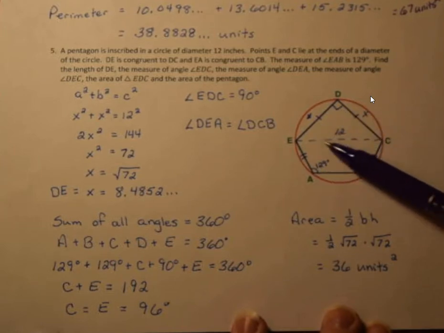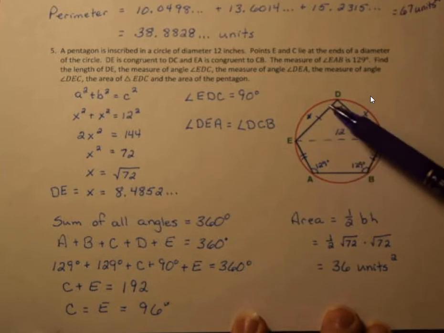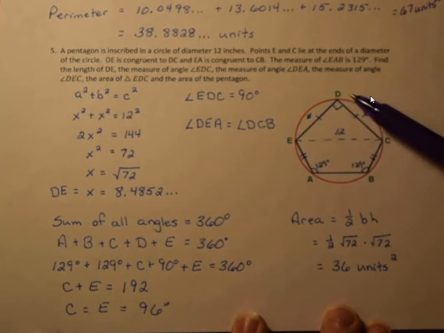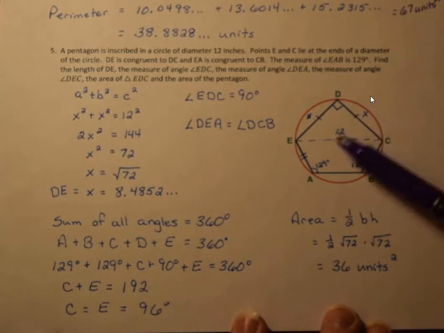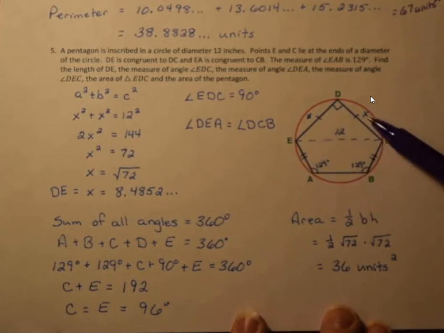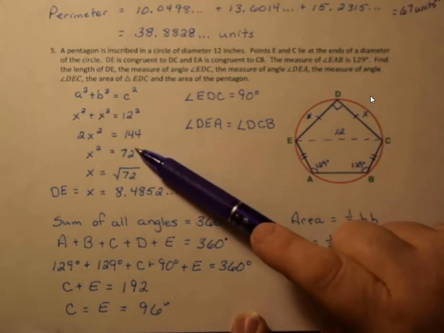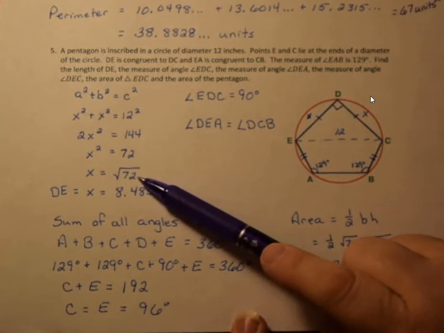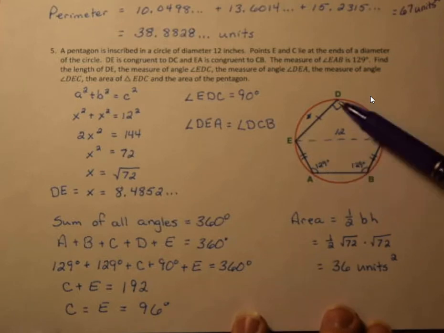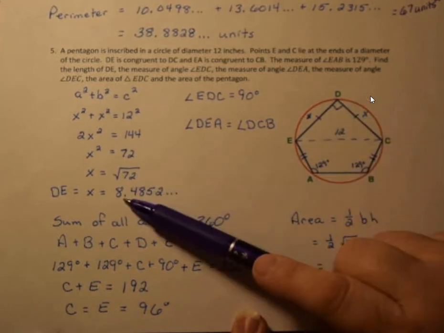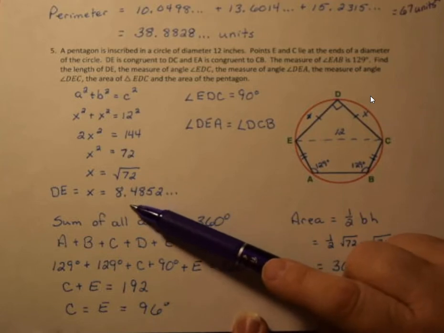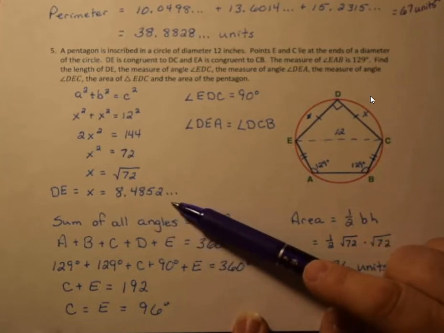So we can use the Pythagorean theorem. If we call this side x, this side will also be x because they're congruent. So x squared plus x squared is equal to 12 squared. So x is the square root of 72. So that means DE and DC are both the square root of 72, which is approximately 8.4852, and so on.